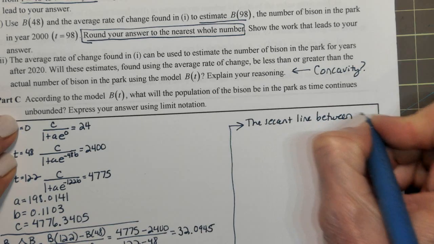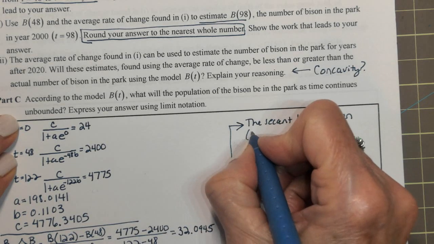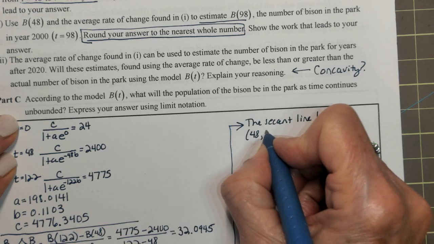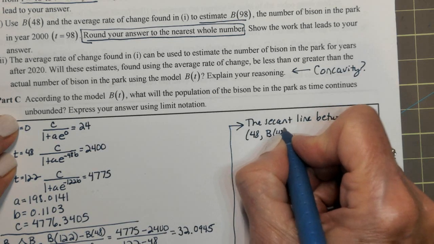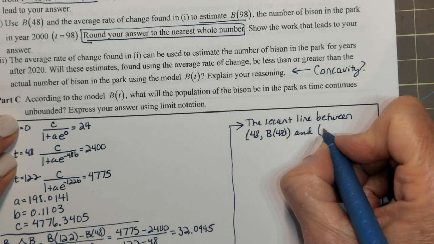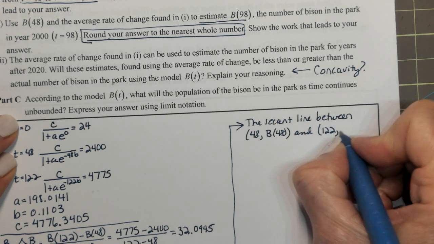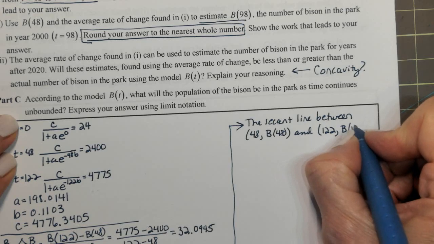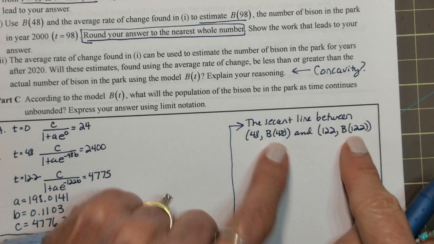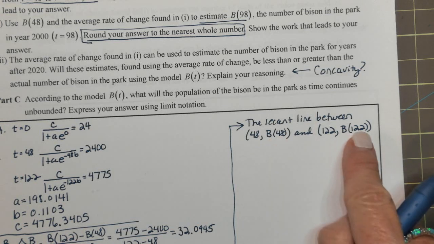between the 2 points. The first point is time is 48, and the y-coordinate is B of 48. The other point is time is 122, and the y-coordinate is B at 122. You could also use the actual values there, 2400 and 4775.